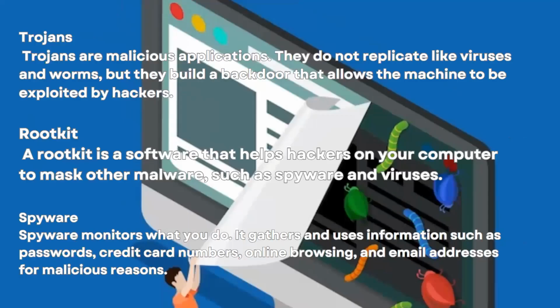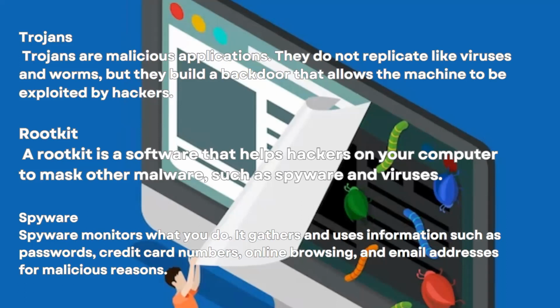Trojan. These are malicious applications which are coded with malicious code. They don't replicate like worms and viruses, but they build a backdoor in that machine which allows the attackers to gain access to the affected system. Rootkit.